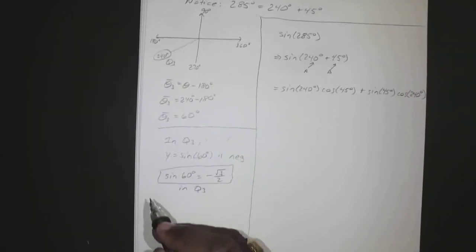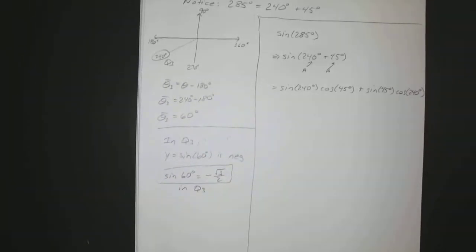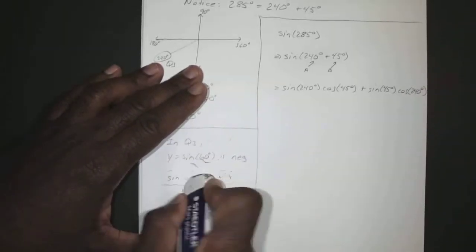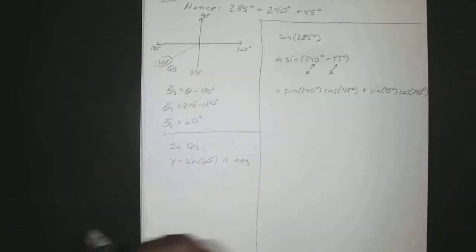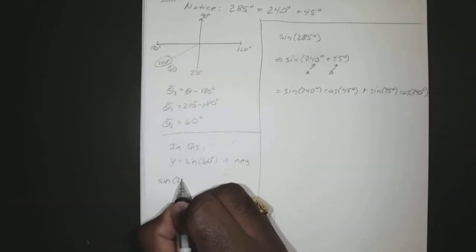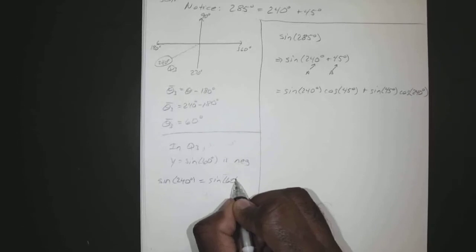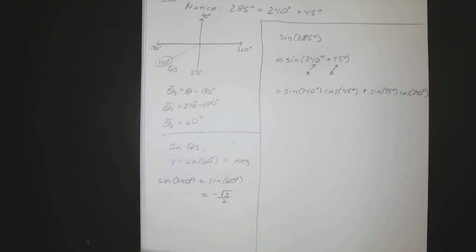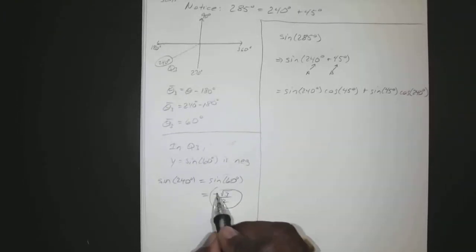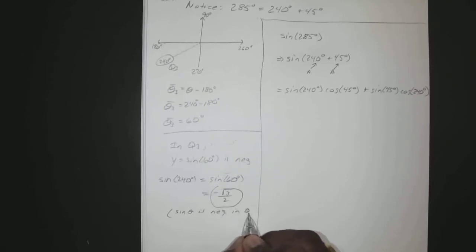Same thing with cosine. Well, I actually should have put the, just to clarify it, I don't want anyone trying to figure out where that 60 came from. So sine of 240 equals sine of 60, which is negative square root of 3 over 2. Is negative in quadrant 3.